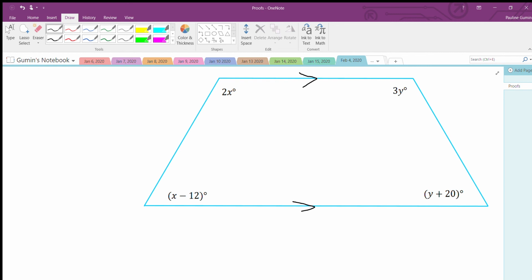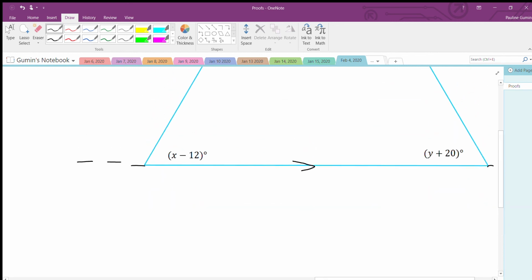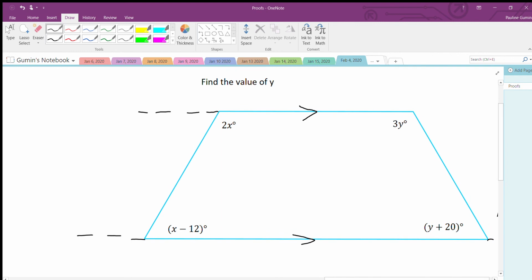This is going to help me visually, so I'm going to extend these two parallel lines. It's just going to help me see it, and I hope it helps you too. Okay, so I have two transversals. I'm going to focus on this transversal first. We have angle 2x and angle x minus 12.